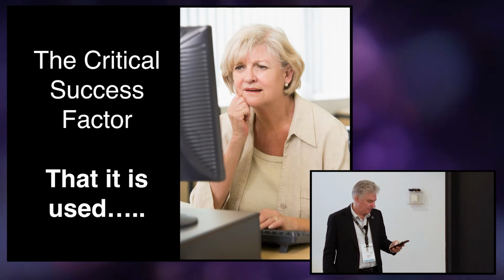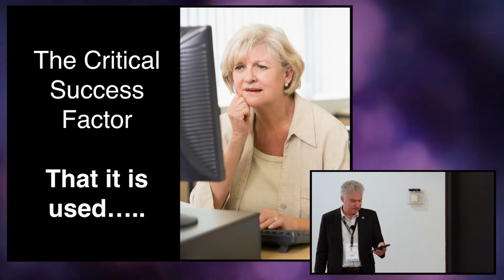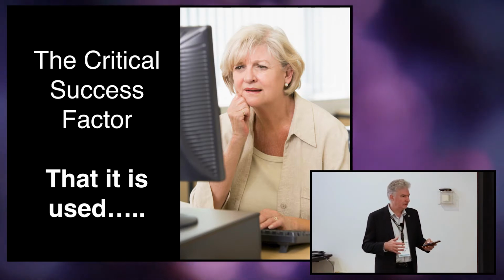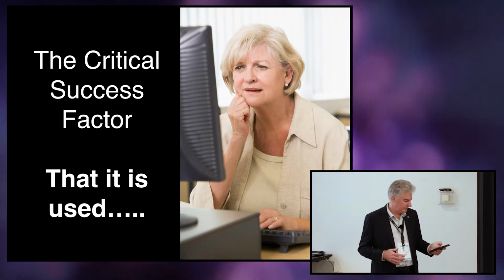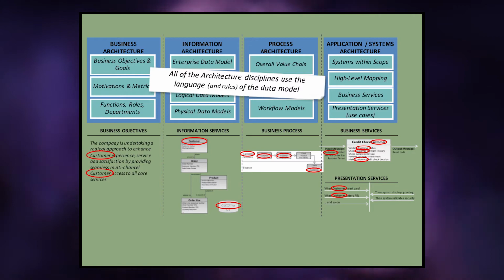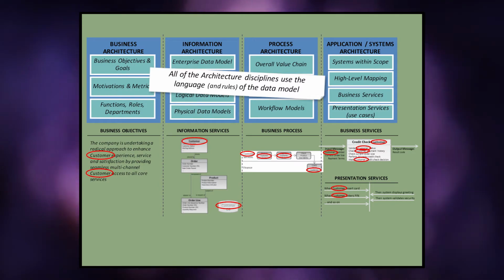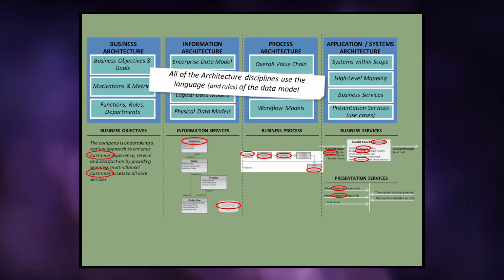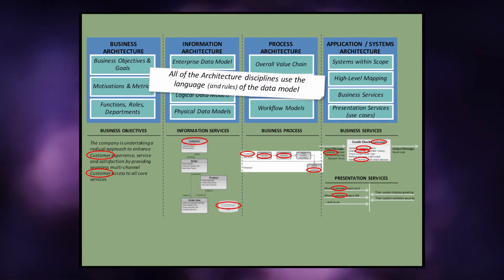Many people are making a statement, data's at the heart of everything we do. So what does that mean, and how can an enterprise data model help us? So I've nicked this model off Chris Bradley. People may have seen it. It's still an image, I just like it. And so he's basically saying the languages and rules of the data model, which I've procured as the enterprise data model, define business architectures.